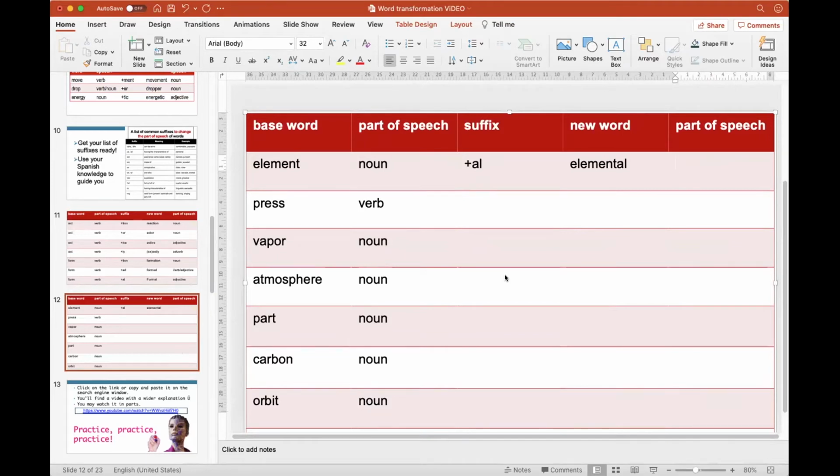And this is an adjective. Press. Present. Excellent. And this is a noun. Nice. Vapor.